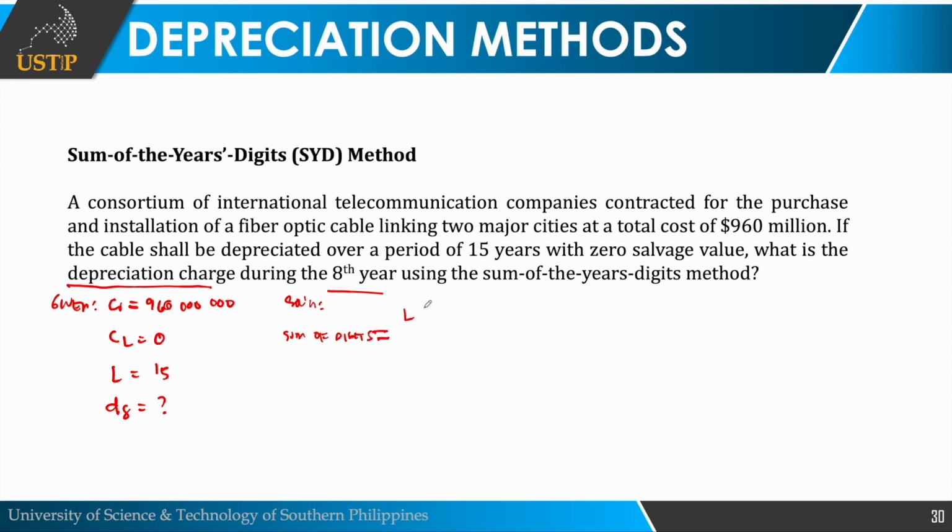That is L times L plus 1 over 2. So, that is 15 times 15 plus 1 over 2. That is 120.